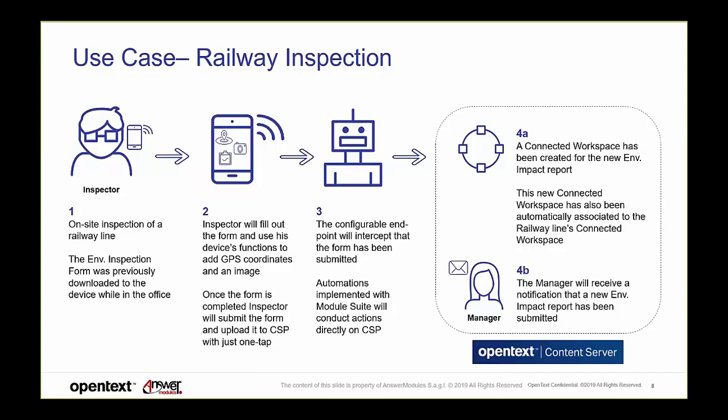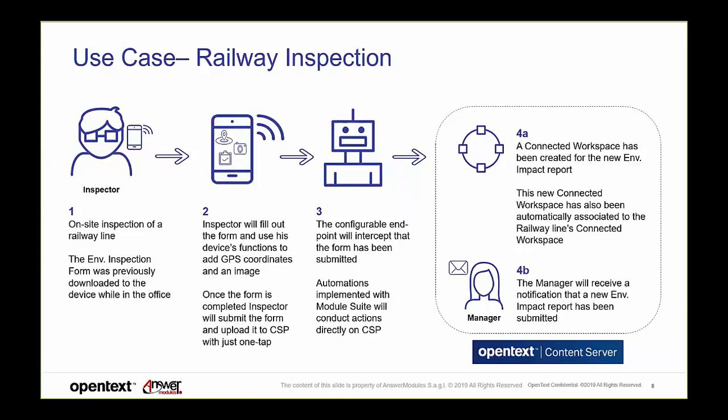So we are going to have 2 automations happening in parallel. First and foremost, we're going to be creating a new connected workspace for the environmental impact report. And we're also going to automatically associate that new connected workspace to a pre-existing connected workspace for the railway line. So in essence, we're creating a brand new connected workspace and automatically associating it to an existing connected workspace.